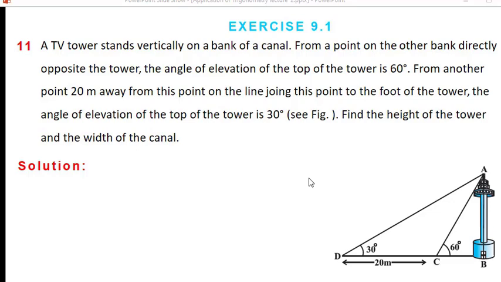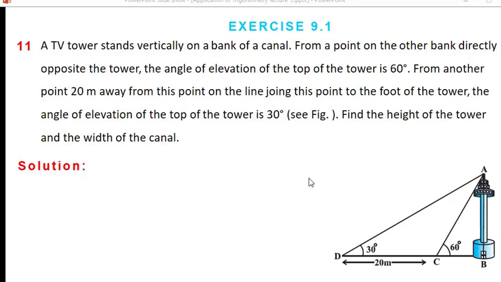Okay, what is given? A TV tower stands vertically on the bank of canal. Now you see tower AB is there on the bank of canal. From the point on the other bank directly opposite to the tower, so there is a width of your river. On one side there is tower, from the other side we are seeing its top. It is at an angle of 60 degree.